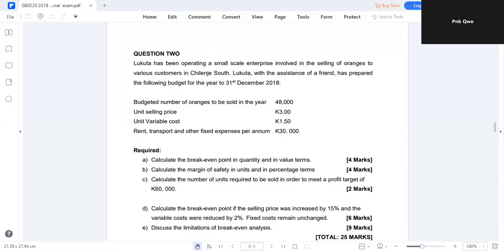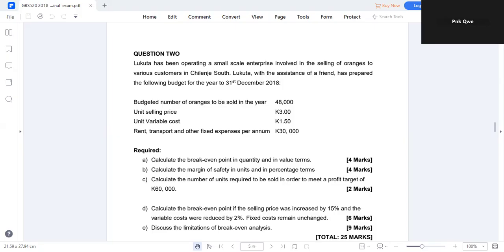So a quick recap of our notes: we explained that the point at which total revenue is equal to total cost is our break-even point, when we make a zero profit. Managers will use this to understand how much they must sell to recover their costs and start earning profit.